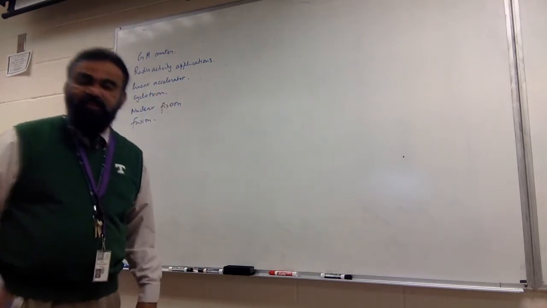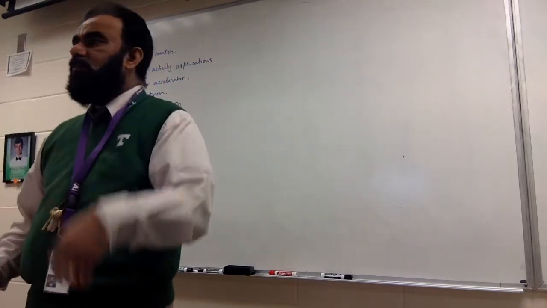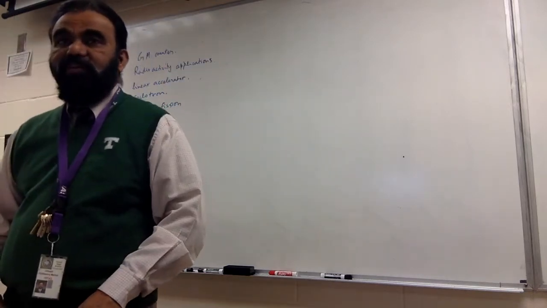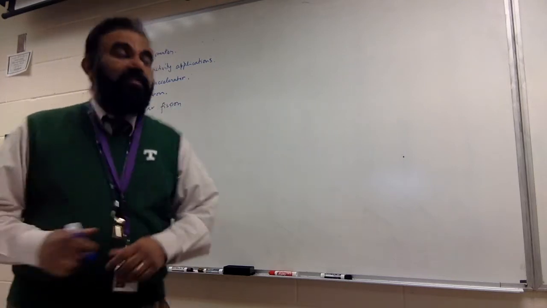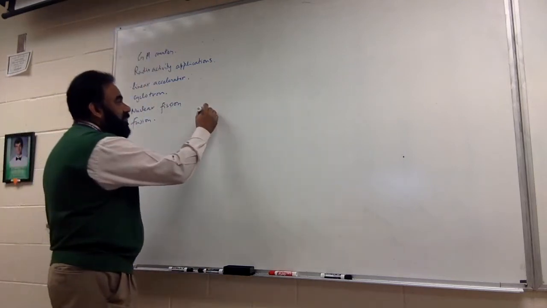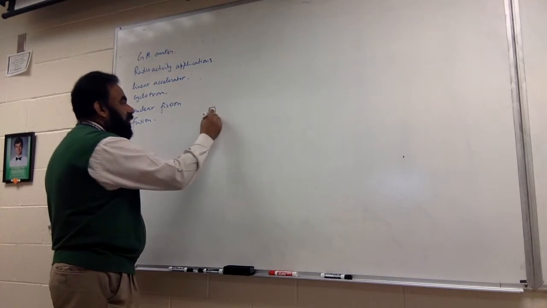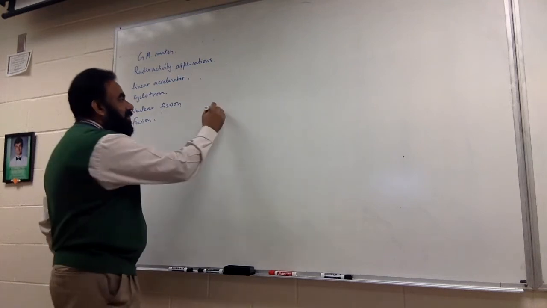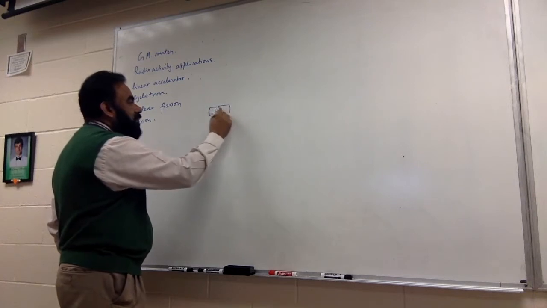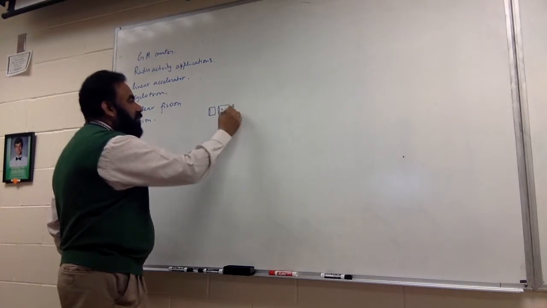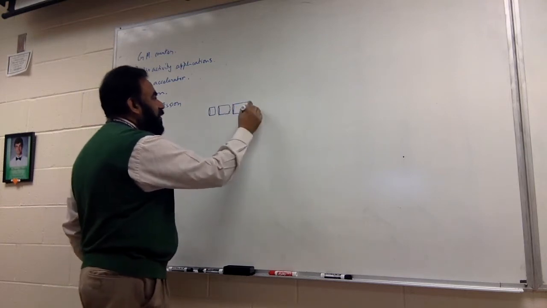Now, the linear accelerator normally goes 3 miles long. The accelerator itself is like 3 miles long. And how is it constructed? It's constructed out of tubes. Like the first tube is that small. The next tube is longer. The next tube is still longer.